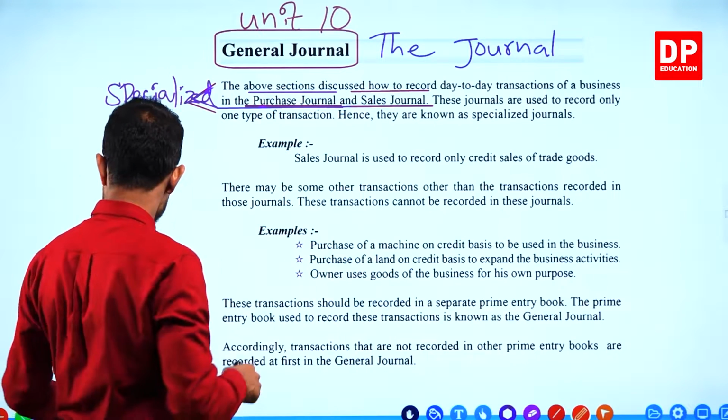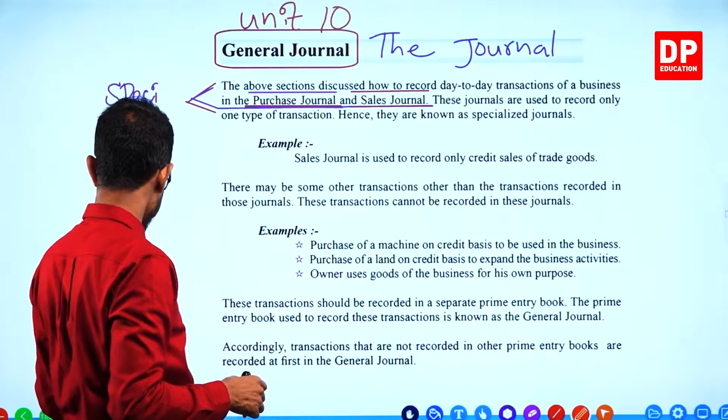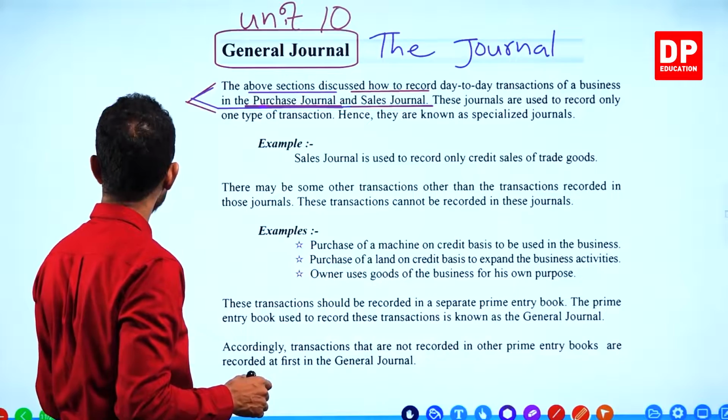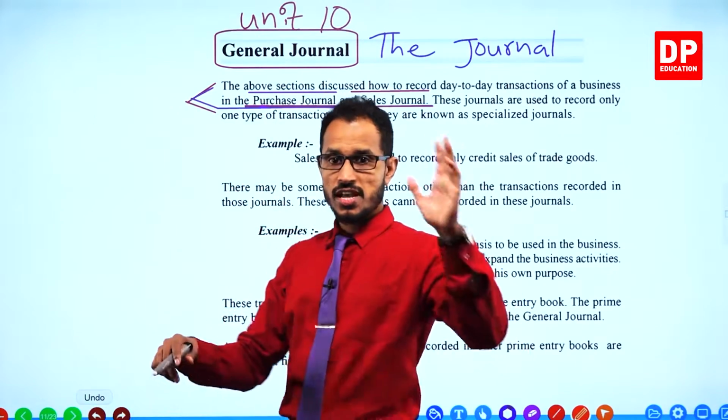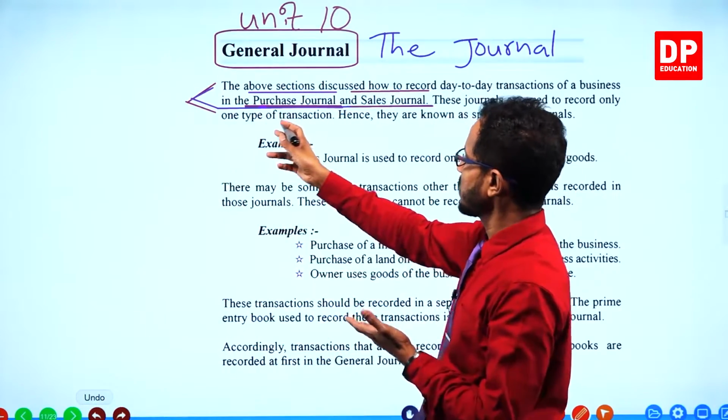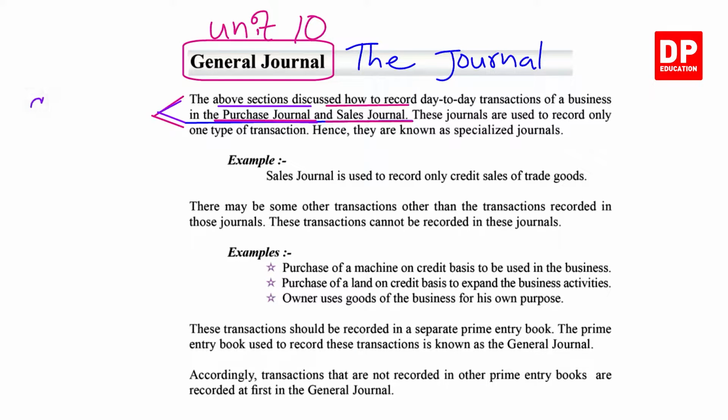I ran out of space here, so I'm going to rewrite it and move to this side so you can better see what I am writing. We call them specialized journals. You have to write specialized journals.